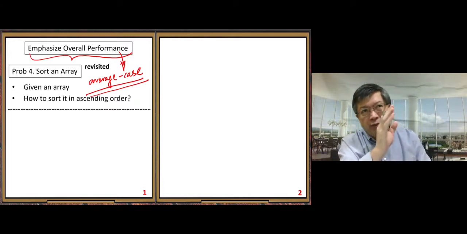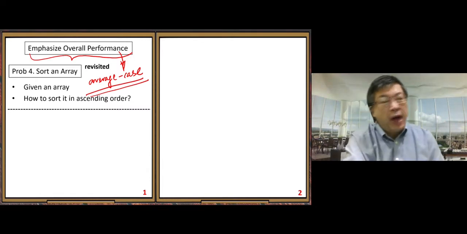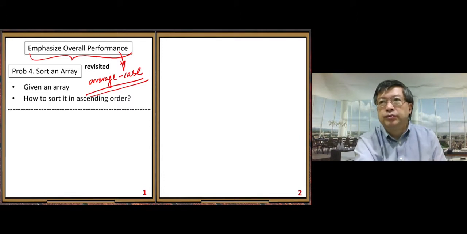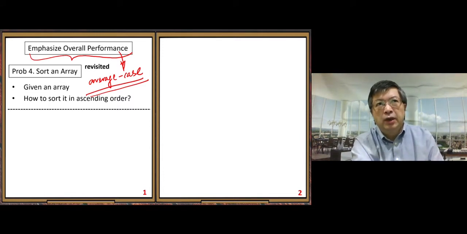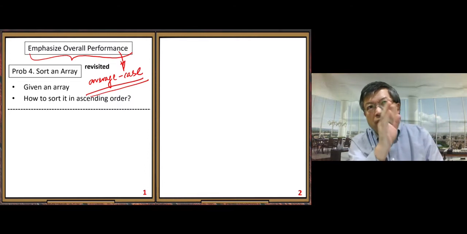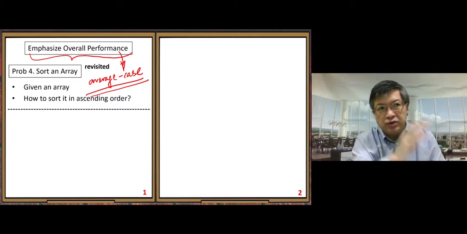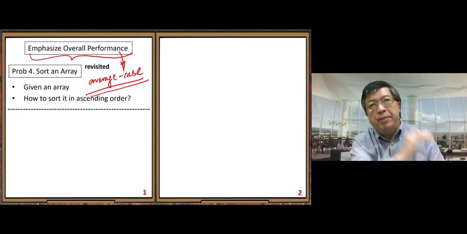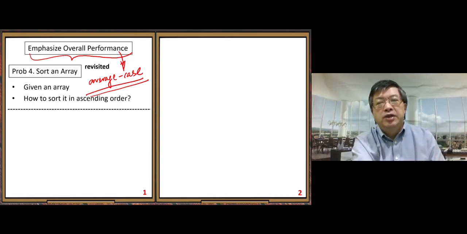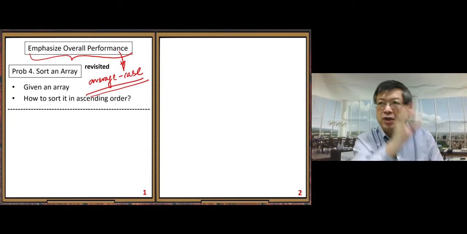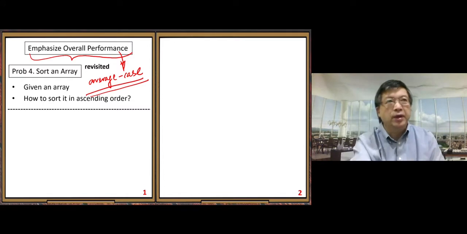The overall performance is still not the best. There is a lot of room to be improved. So you can see for different sorting algorithms, there is some special property. Some sorting algorithm is good at one particular property and some at a different property.